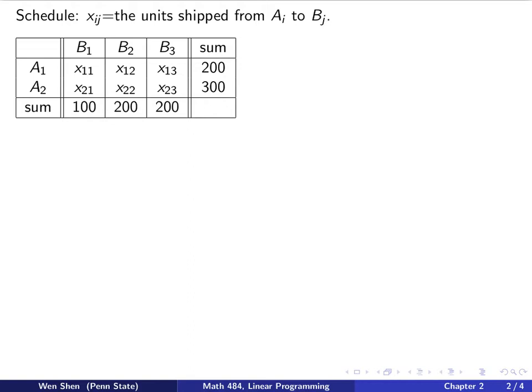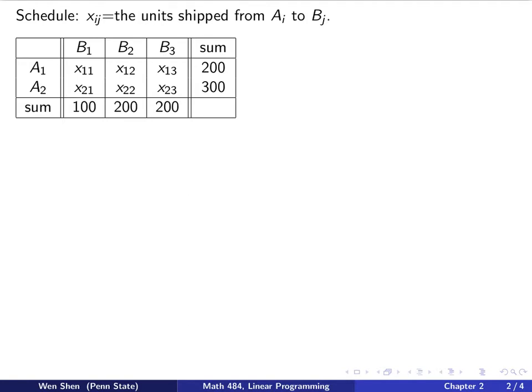Okay, and I can list all this information in a table. This will be the following. From Ai to Bj, so from A1 move to B1 is x11. From A1 move to B2 is x12 units, and from A1 to B3 is x13 units. Okay, and the second row is totally similar.